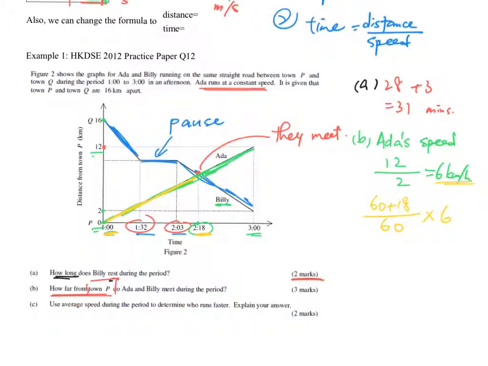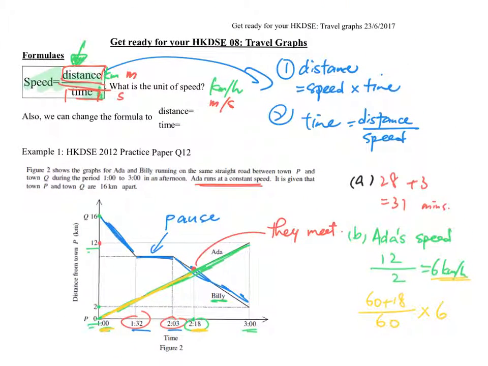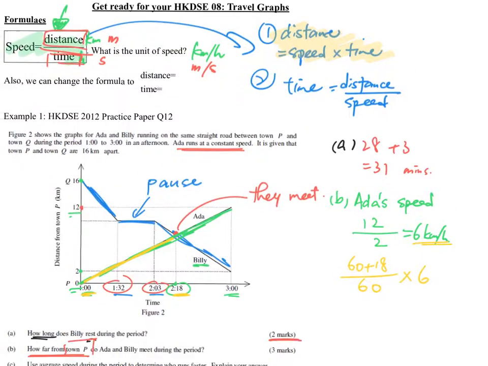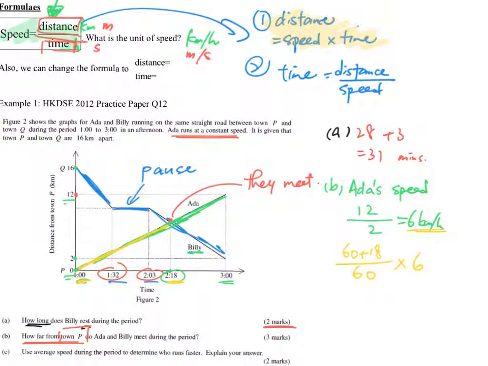Here comes the formula you should remember: in order to find distance, you need speed multiplied by time. As a result, you have the speed of Ada and the time they meet each other, and finally, by calculator, you get 7.8 km.